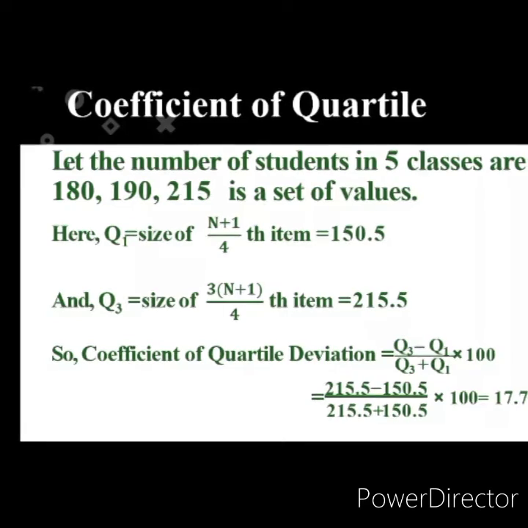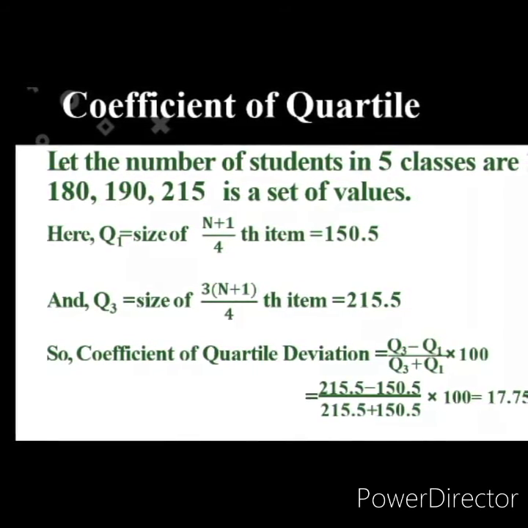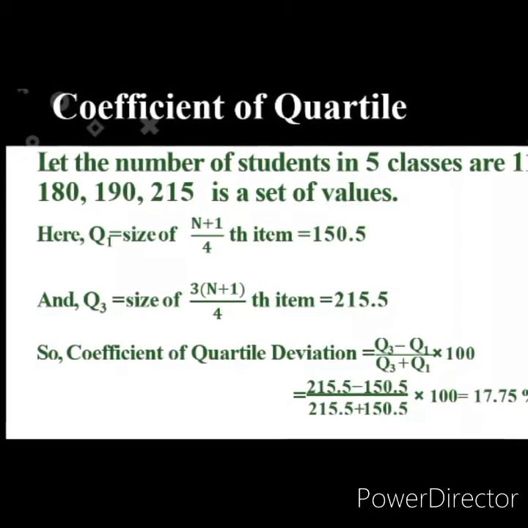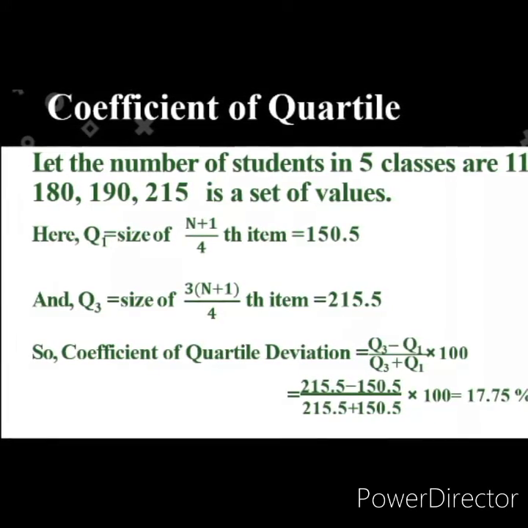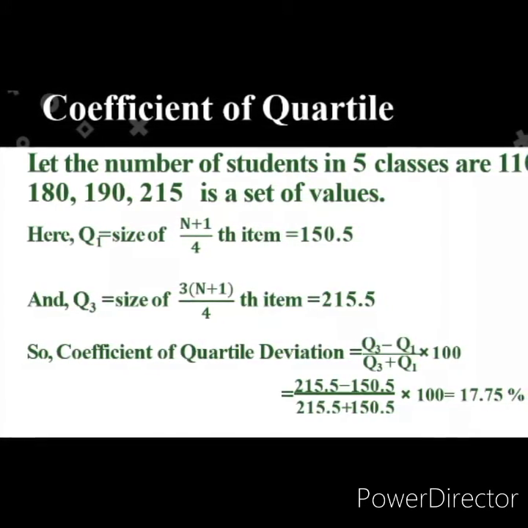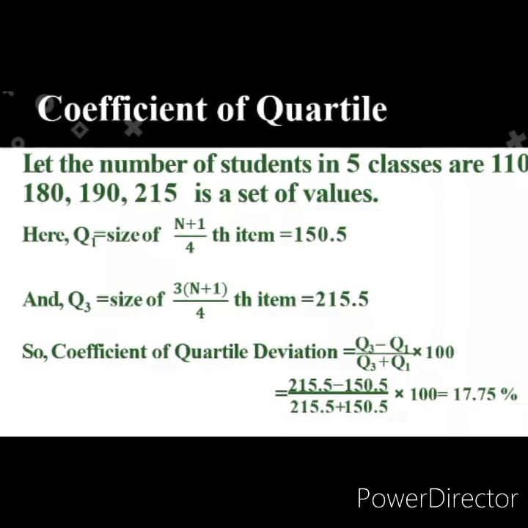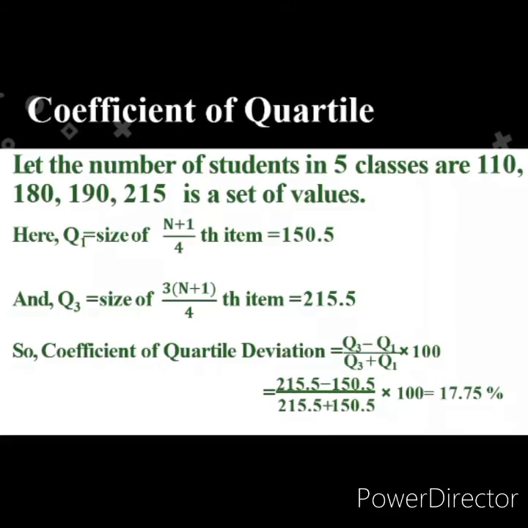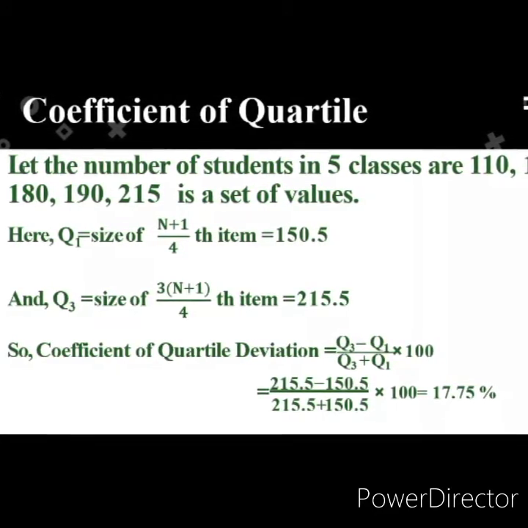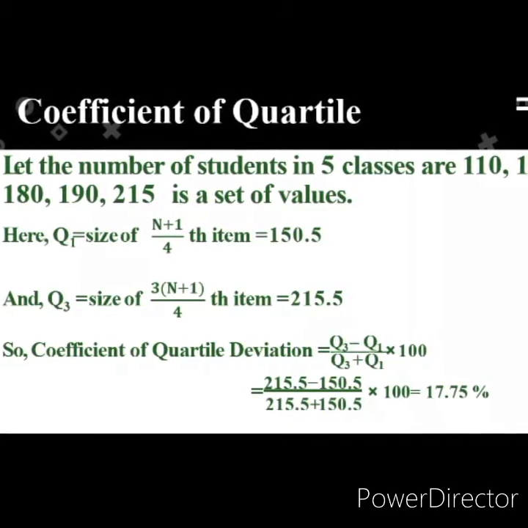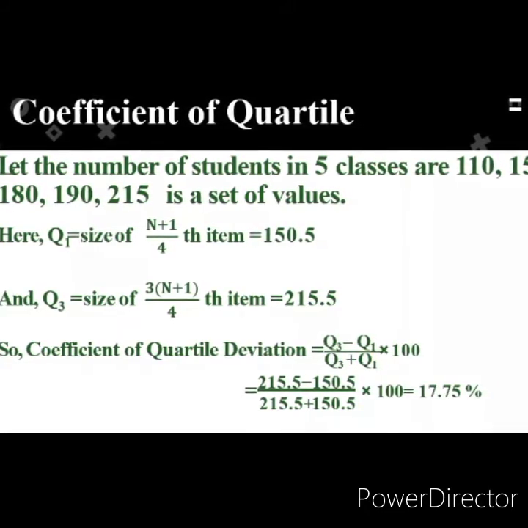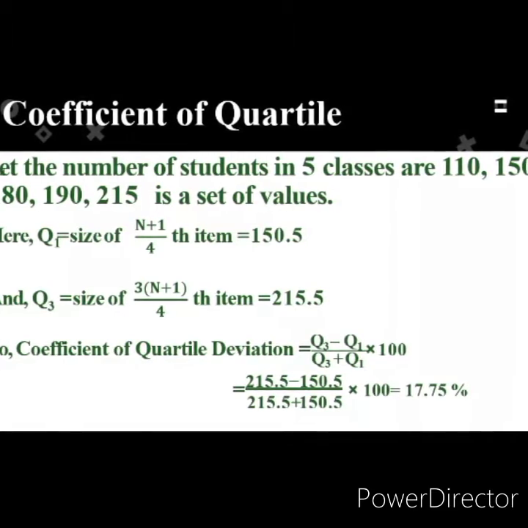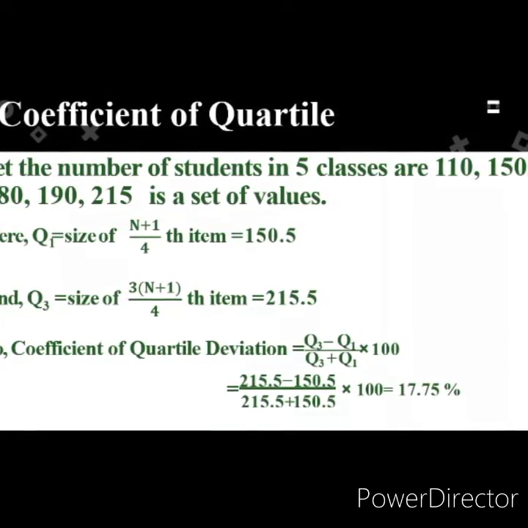So here, for example, let the number of students in 5 classes be 110, 150, 180, 190, 215, which is a set of values. Quartile 1 is the size of the (n plus 1) over 4 nth item, which is 150.5. And quartile 3 is the size of the 3 times (n plus 1) over 4 nth item, which is 215.5.